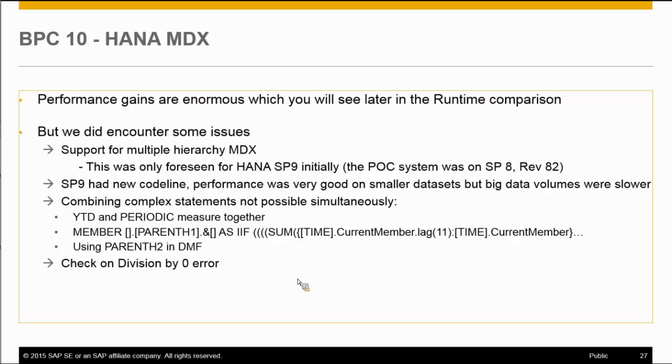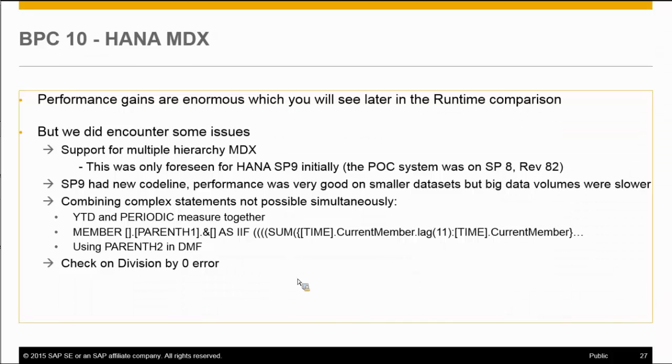Like Jean already mentioned, there was this issue with multiple hierarchies of the same dimension. Thanks to the help of BPC and HANA Development, we could convince the customer that this will be solved in future revisions, but we had to hard code an ABAP fix to be able to demo it to them in the POC. So that was an exceptional activity, but as stated before, this is now officially supported as well.